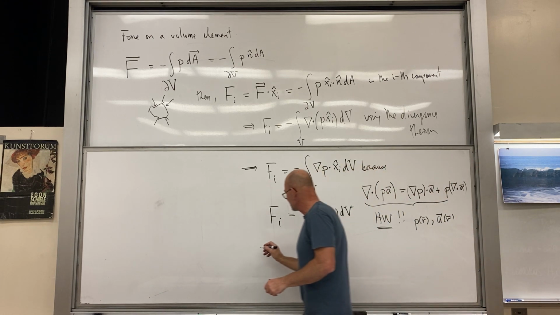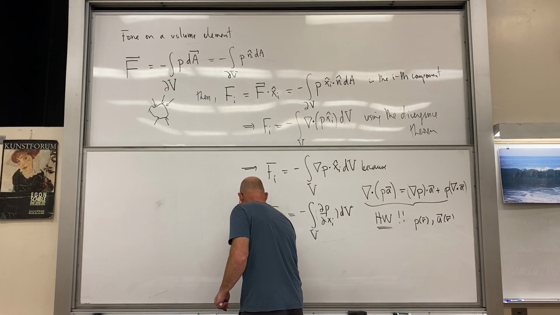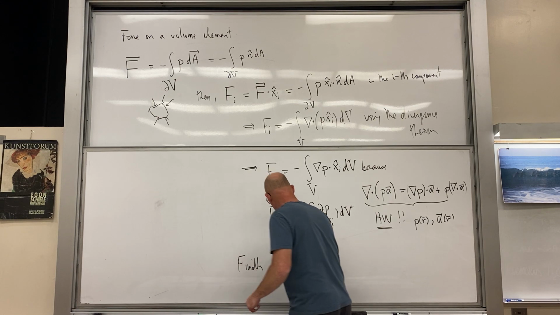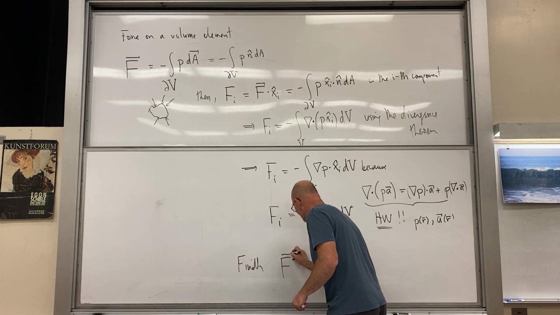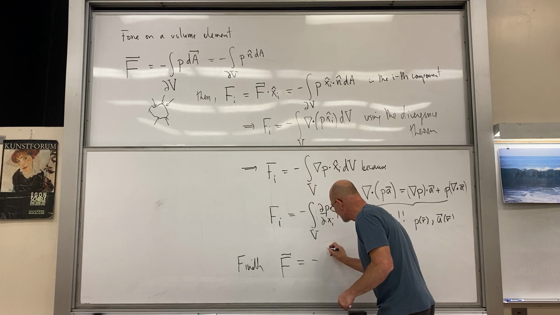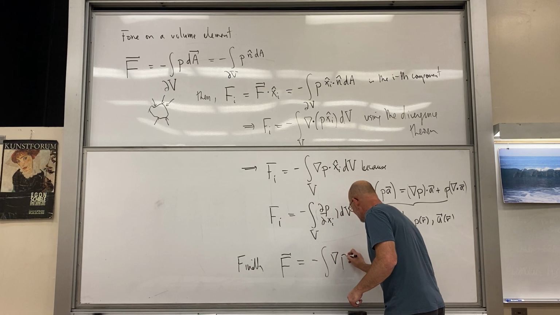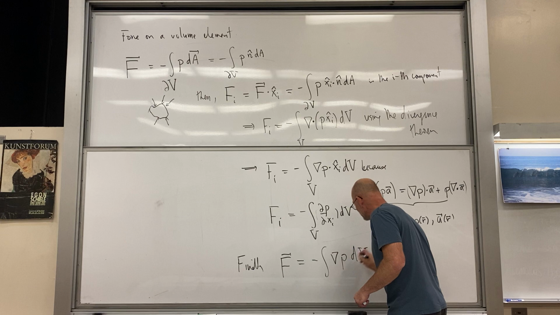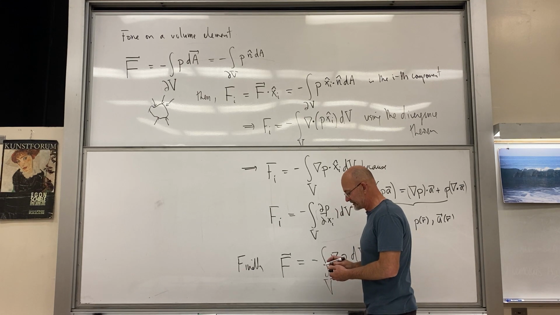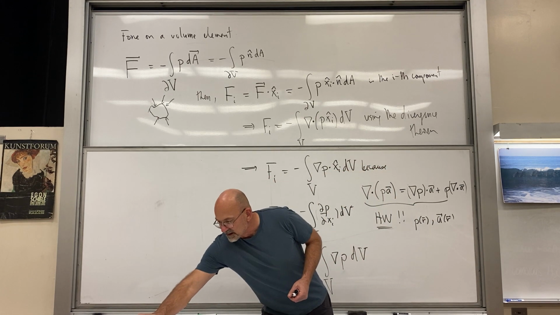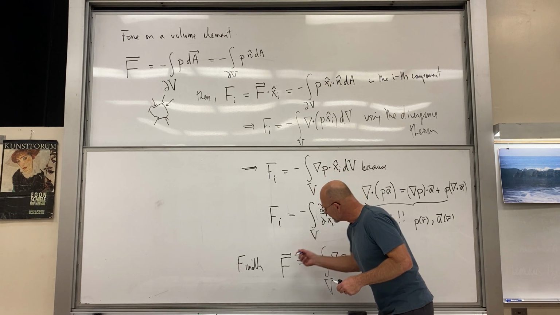So finally, we could say the force is equal to minus the integral of gradient P d volume over that volume. Good, let's enclose that in a different color here.